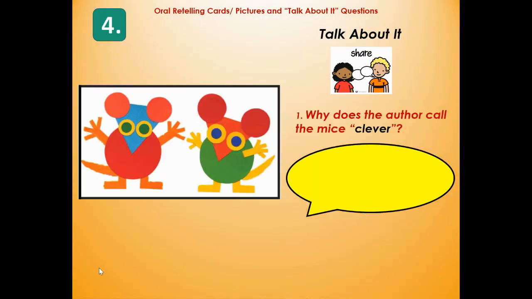It's our last major event. Why does the author call the mice clever? And remember, the author is the person who wrote the story, and that's Ellen Stoll Walsh. Why does she call the mice clever?